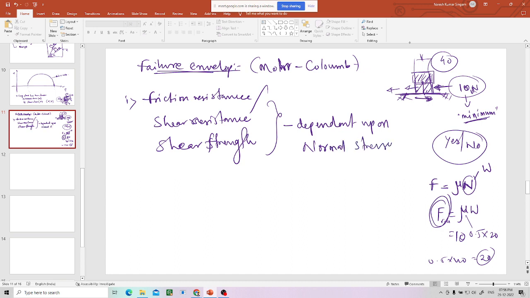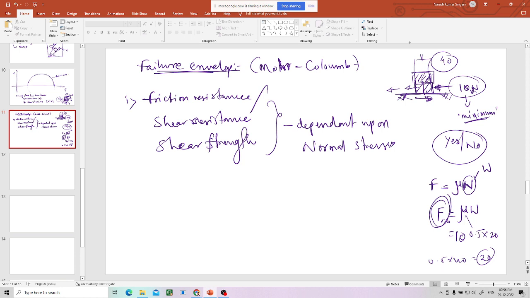In the same way, in soil also, when you are applying more normal stress, or more compressive force on any soil sample, it needs more shear stress to fail.